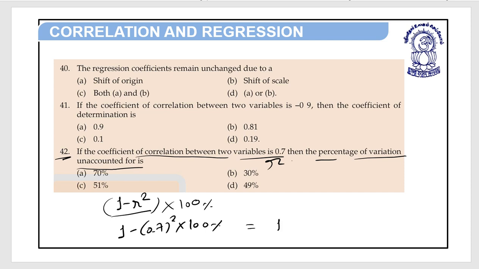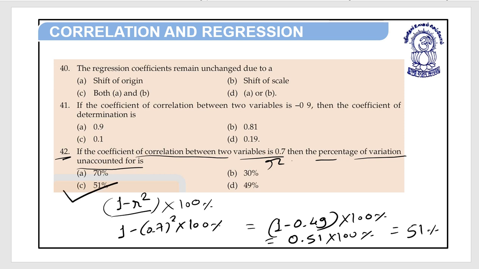So it is 1 minus 0.49 into 100, so it is 0.51 into 100. So it means 51 percent. So option C is the right answer of question number 42. Okay? Do you understand this?